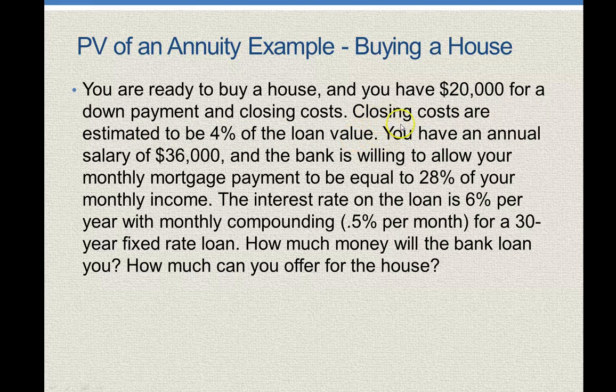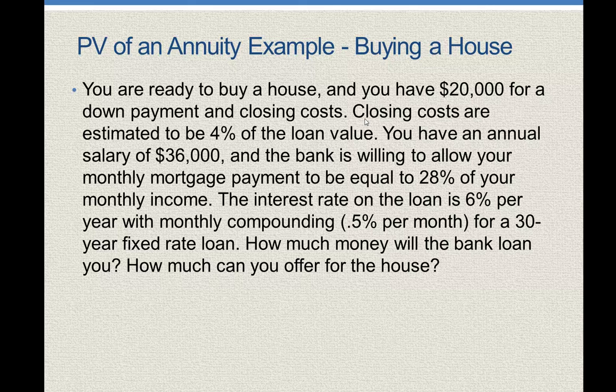So what is the closing cost? Closing cost generally means that if you buy a house, in addition to paying the price of the house, you also have to pay a bunch of other fees. For example, you have to pay taxes to the government, or fees to attorneys, or other loan origination fees.